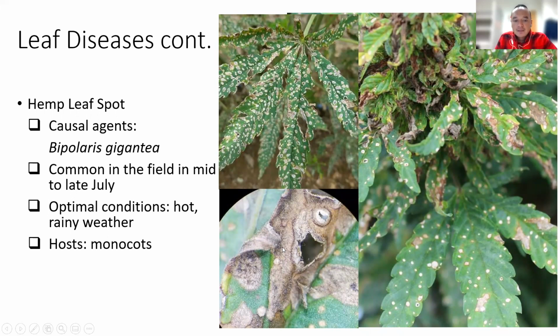And there are some fungal structures usually seen on that spot. These black structures are actually conidiophores of the pathogen. Conidiophores themselves are structures or stalks that hold this pathogen's spores.